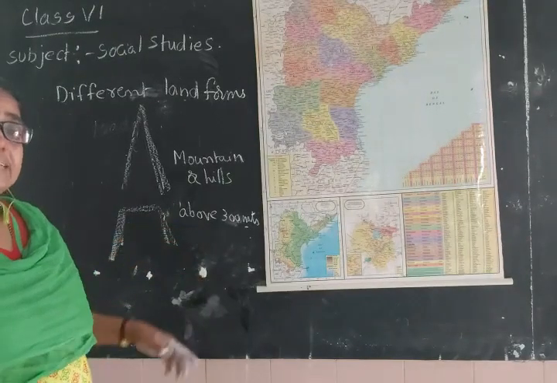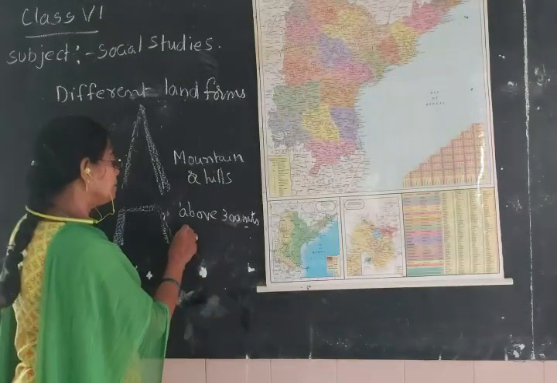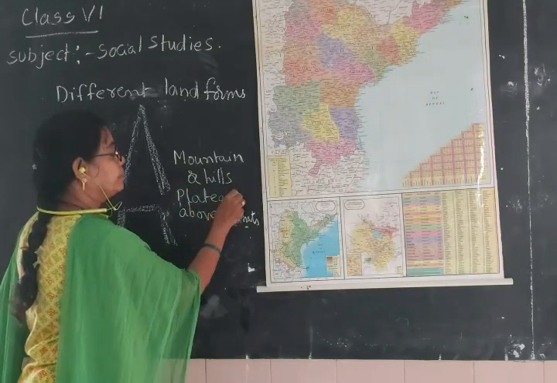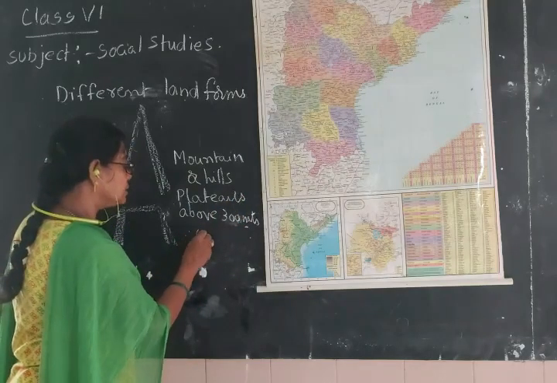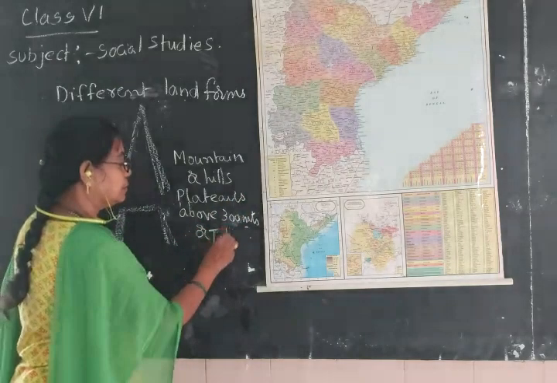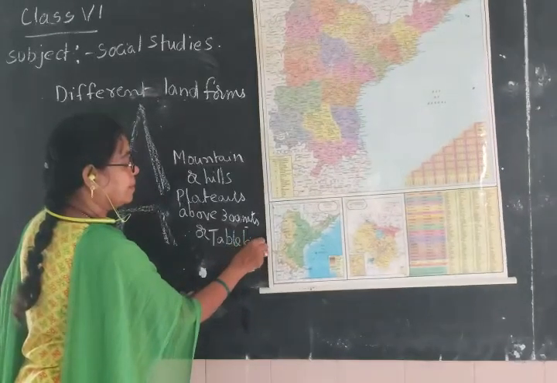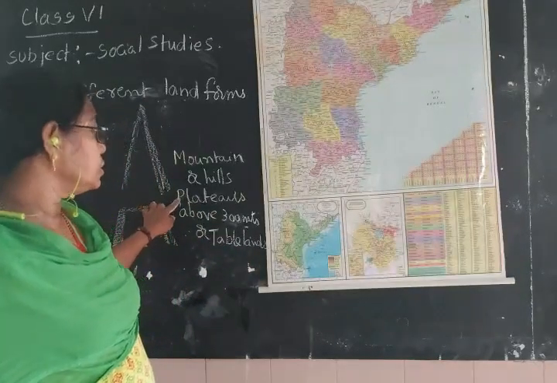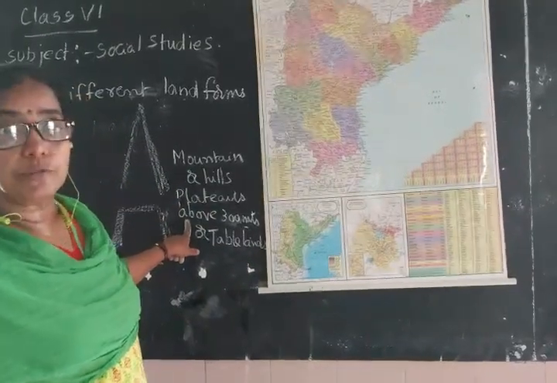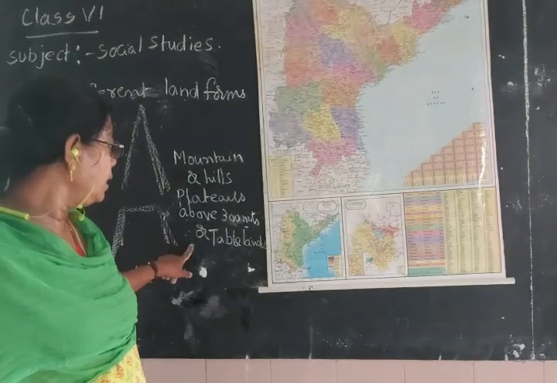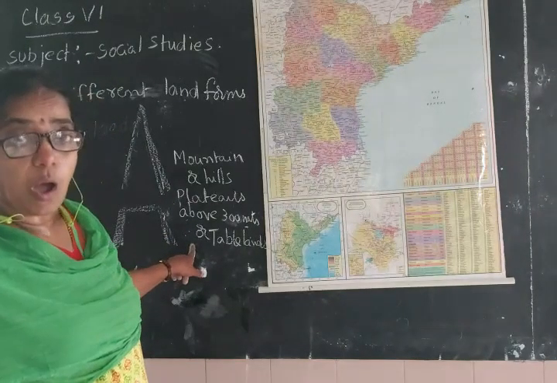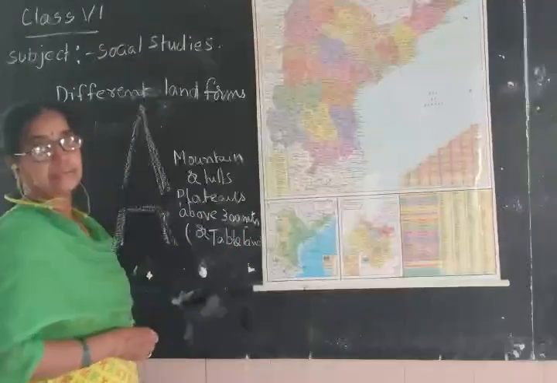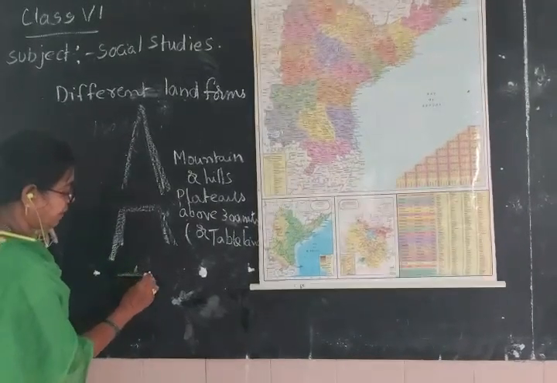These are also called tablelands. So plateaus are the landforms which are above 300 meters, and these are also called tablelands. And the last one is plains.